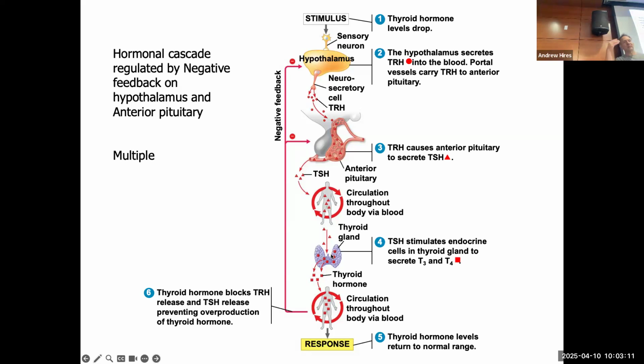So what would we expect the blood serum levels of these different hormones to be? We'd expect really high levels of thyroid hormone, and very low levels of TRH and TSH because they're under the negative feedback of this thyroid hormone. So that would be the way that you can test for Graves' disease: high thyroid hormone levels, low TRH and TSH.